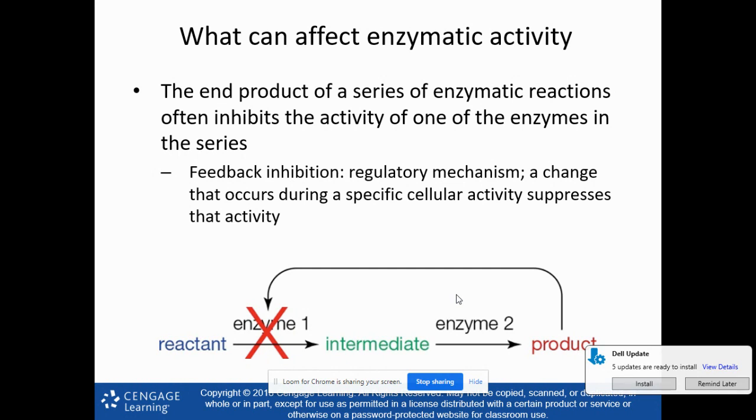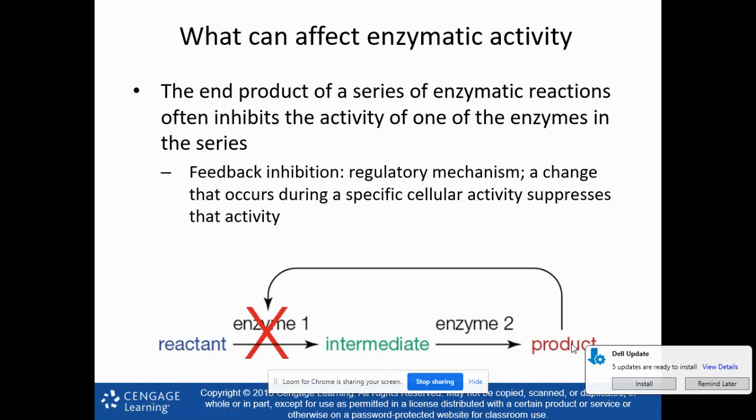The end product of a series of enzymatic reactions often inhibits the activity of one of the enzymes in the series. All right, so you get this idea of feedback inhibition. So here you have a series of reactions that go from the original reactant to the product.